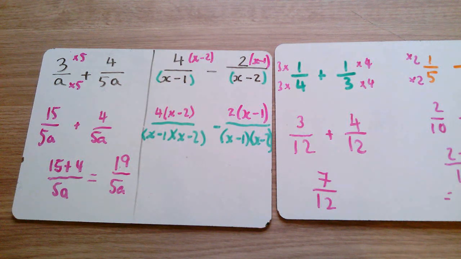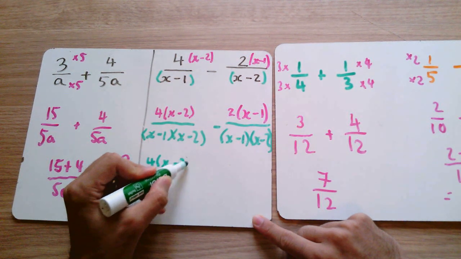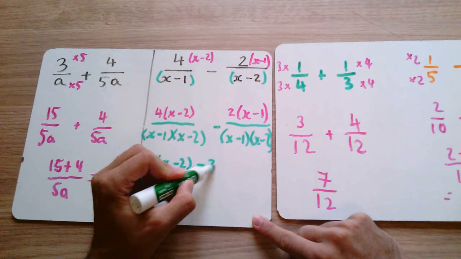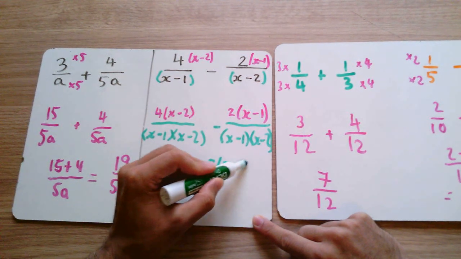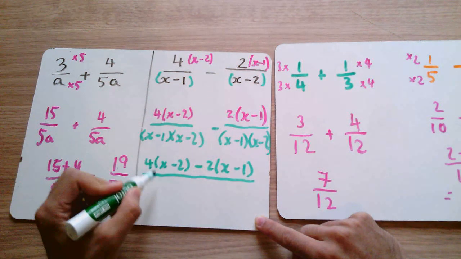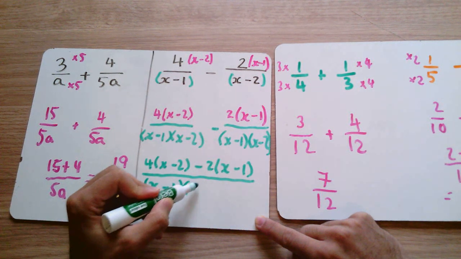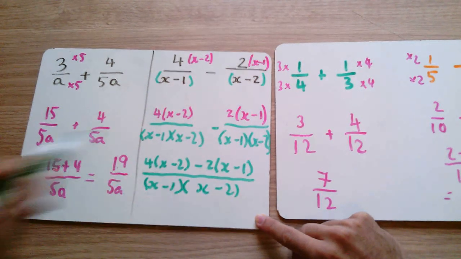Now you saw here a moment ago that I combined the denominator together here, and this is very important for this question. When I combine the numerators in this question, I get 4 brackets x minus 2 minus 2 brackets x minus 1, and then all of that is over x minus 1, close bracket, x minus 2.